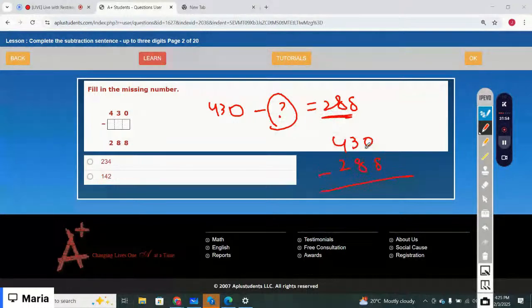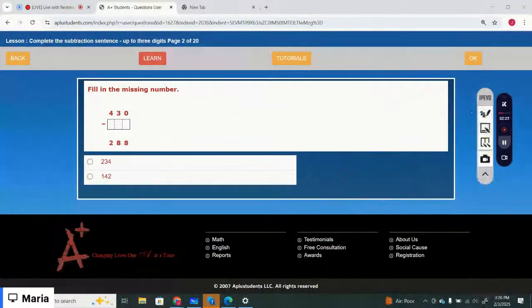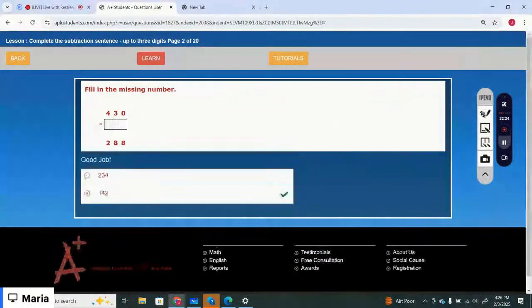You will get the second number. 10 minus 8 is 2, 12 minus 8 is 4, and 1. That means the second number is 142. Option number 2 is the correct option. That is 142.